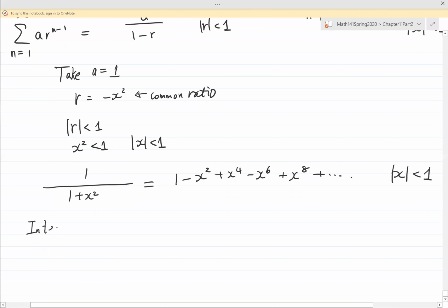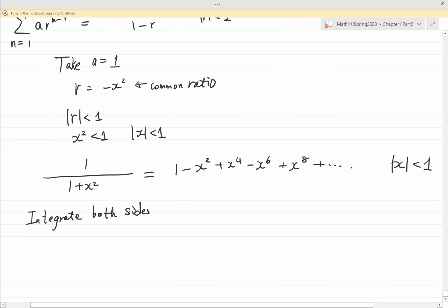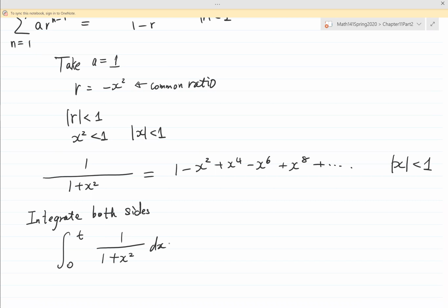Integrate both sides from 0 to t. Of course, when we integrate over the domain from 0 to t, the interval should lie within the bounds from -1 to 1.